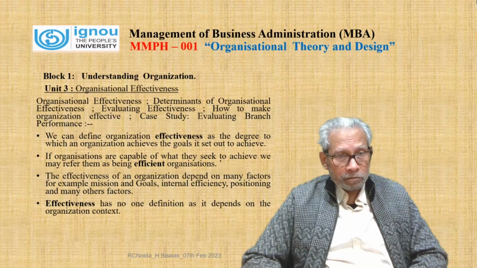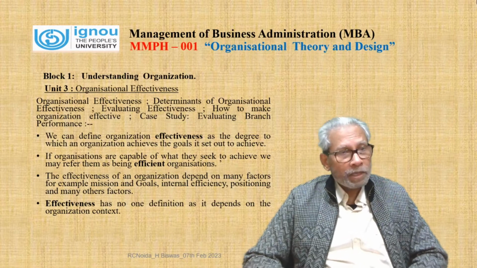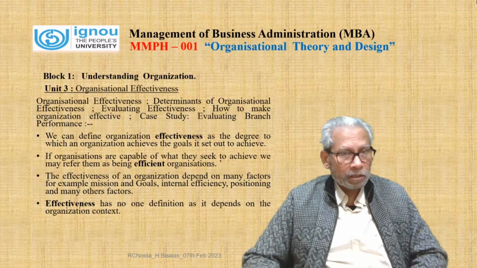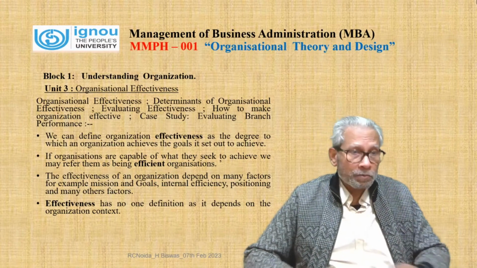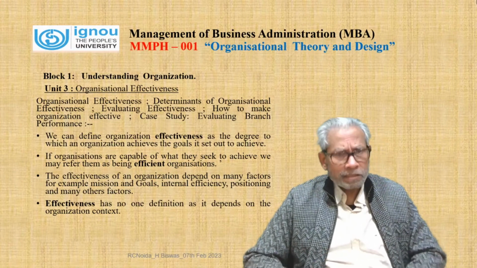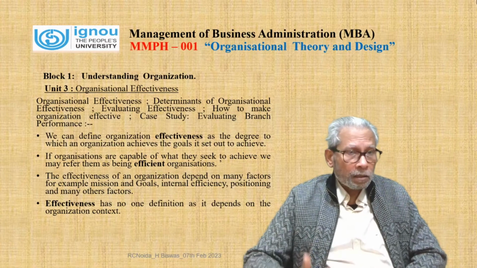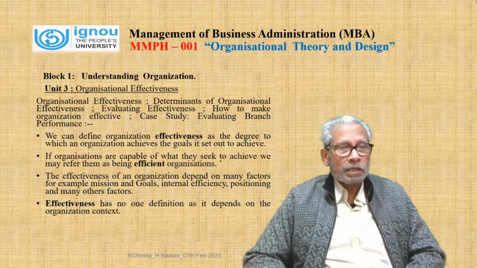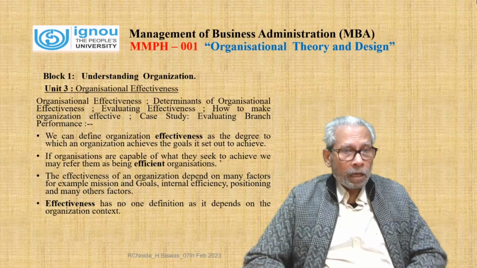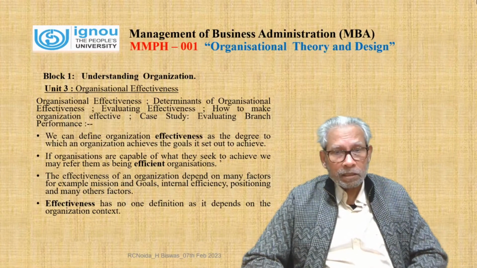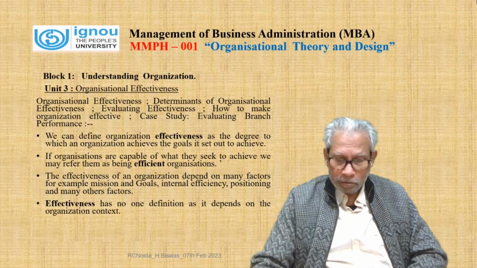The effectiveness of an organization depends on many factors, for example mission and goals, what goals are set, internal efficiency, positioning efficiency. Many other factors are involved in the effectiveness of organizations. But effectiveness has no one definition; it depends on the organization.